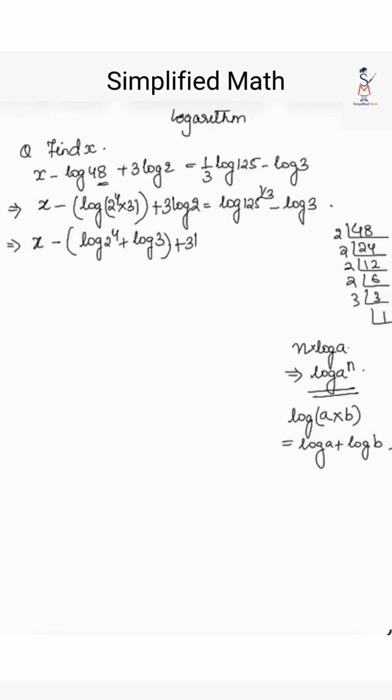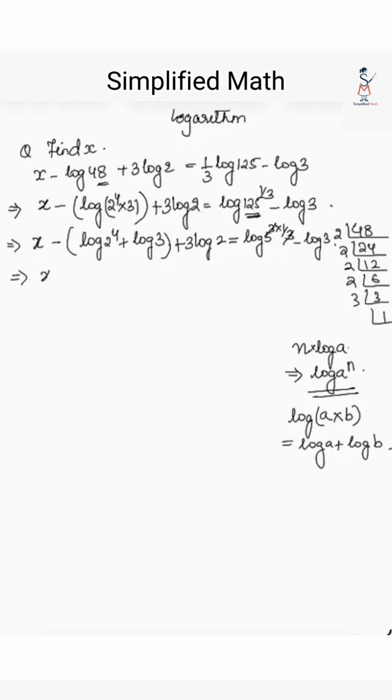Fine. Plus 3 log 2 is equal to log 125 raised to the power 1 by 3. 125 can be written as log 5 raised to the power 3 into 1 by 3 minus log 3, or you can find the cube root of 125 straight away. Your choice. Right? This 3 and 3 gets cancelled.